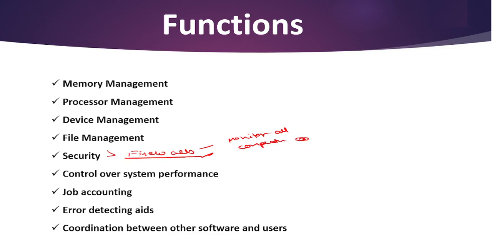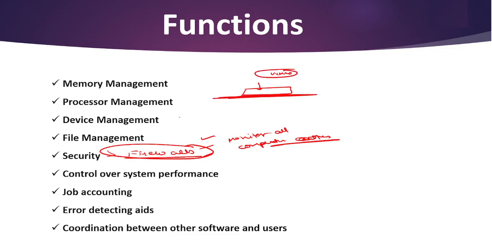All computer activities are monitored by the firewall, right, and it blocks some activities if it detects a threat. For example, if in one of the activities our system finds a virus or any threat, then it will automatically block that particular file. Okay, so this is the responsibility of security. This is the security function of your operating system.